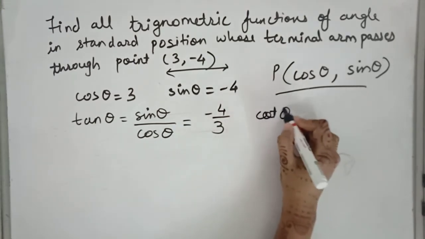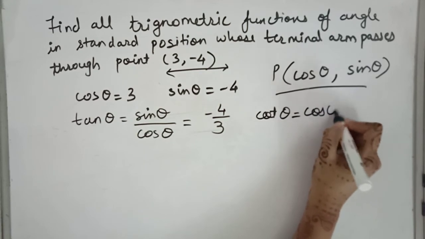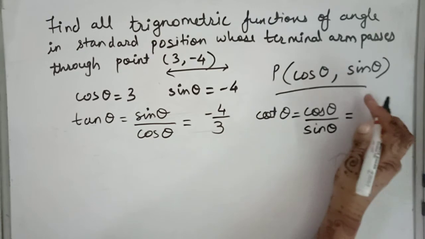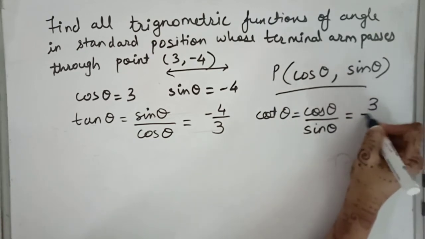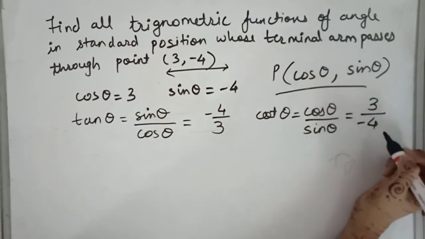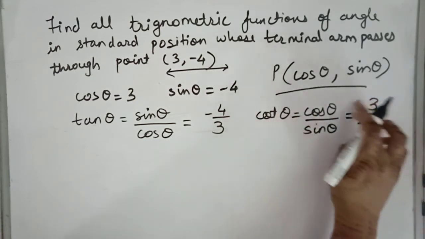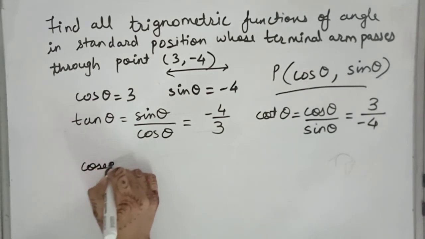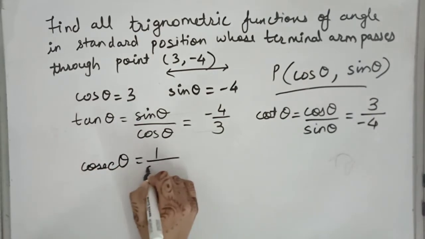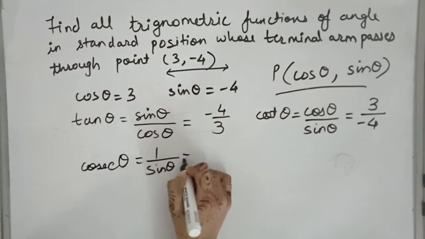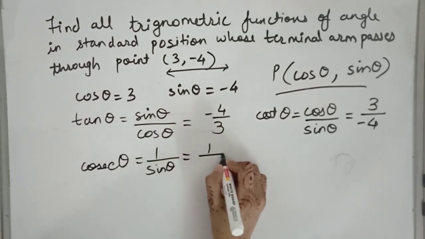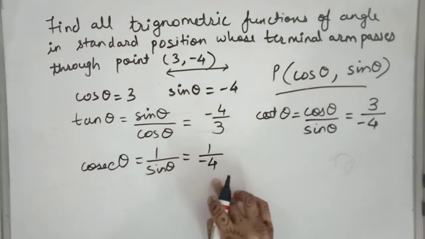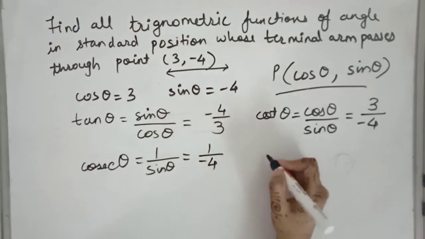Cot theta is equals to cos theta upon sin theta, where cos theta is 3 and sin theta is minus 4. So cot theta will be minus 3 upon 4. Next is cosec theta. Cosec theta is 1 upon sin theta, and sin theta is minus 4. So our cosec theta will be minus 1 upon 4.